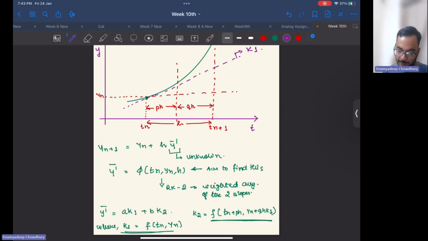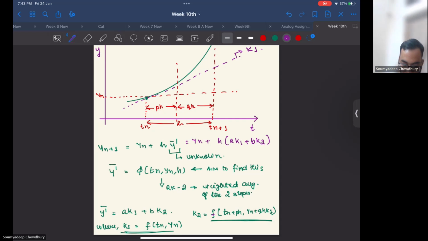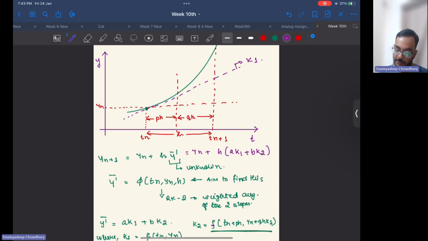So here y dash, if we substitute, it is H into yn plus a k1 plus b k2, right? So we need the two slopes, right? One is k2 and other is k1 first. So k1 is the slope of this line we have got, and now we have to locate this point, tn plus ph and yn plus qh k1, right?